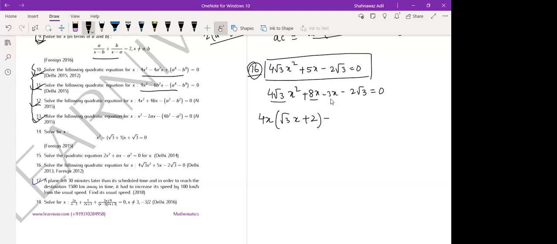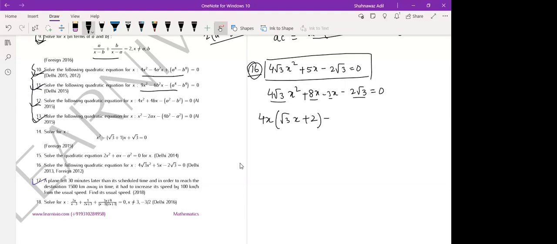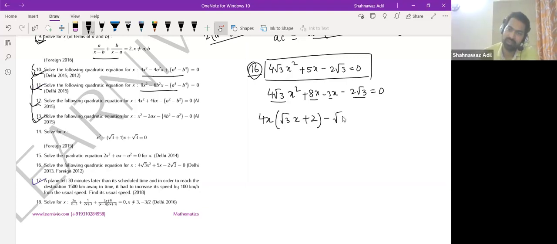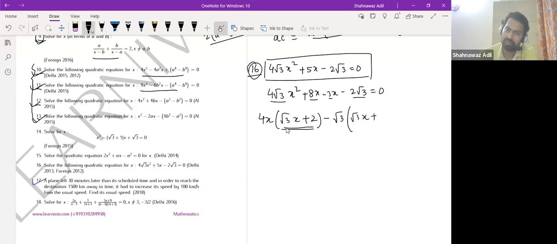Now what is common in these two terms? Root 3. Right. And then we'll get what? Root 3x and what? Plus 2. Plus, right? So we have to take the factor so that we get these.